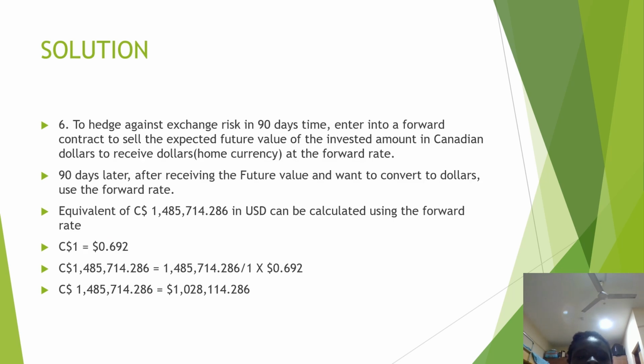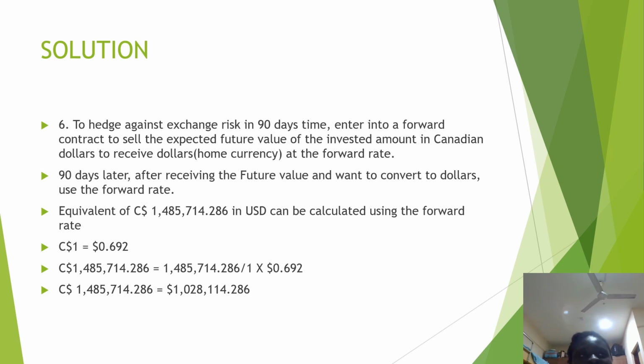Now you have to hedge, because after 90 days you have to exchange the Canadian dollars to your US dollars to be able to determine the profit you made or not, because you invested US dollars upfront from your country. So you need to know. At the end of the 90-day period, we got Canadian dollars, but you're not in Canada, we are in the US.